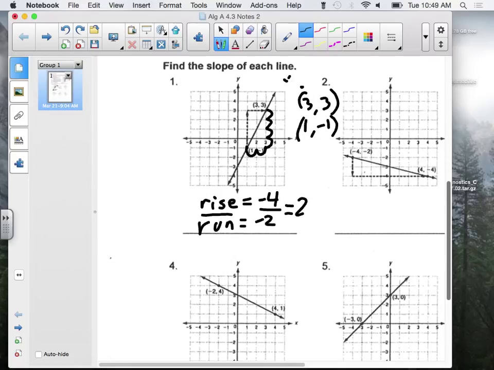So, in other words, whenever we have a negative, both of them are going to be negatives? No, they don't both have to be. In this case, they do happen to be. When we went down, we still have to get over to the other point, don't we? Did we have to go in the negative direction to get there, or the positive direction?